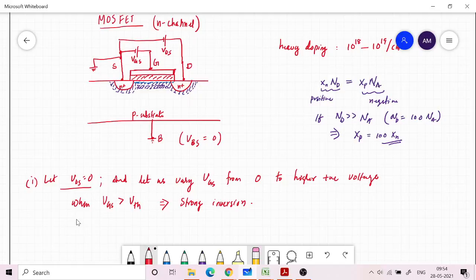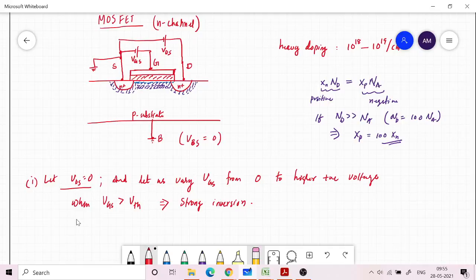If VDS is equal to 0, as we increase VGS, initially there will be only a depletion layer connecting the N plus source region to the N plus drain region, and there are no mobile carriers.